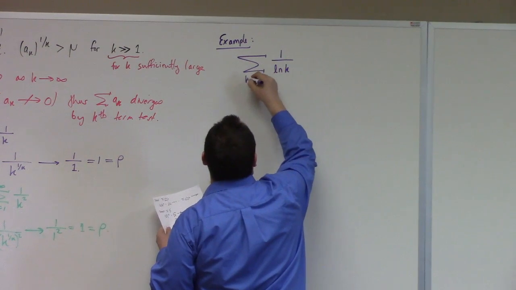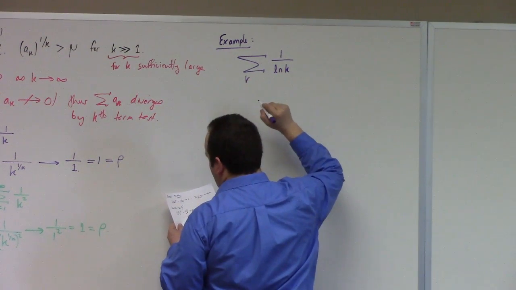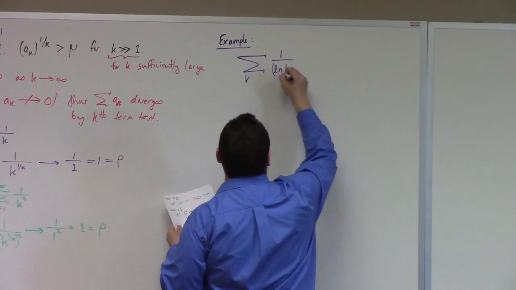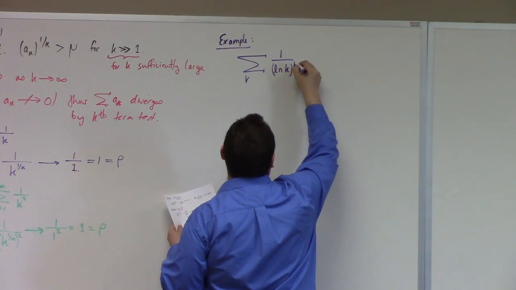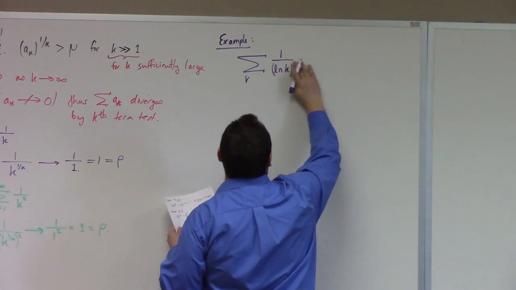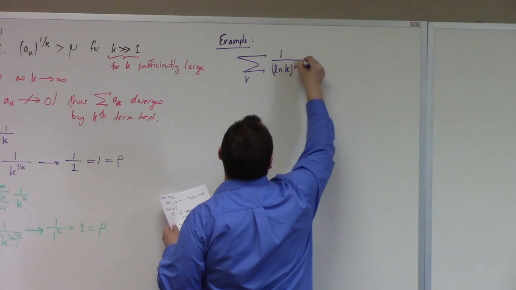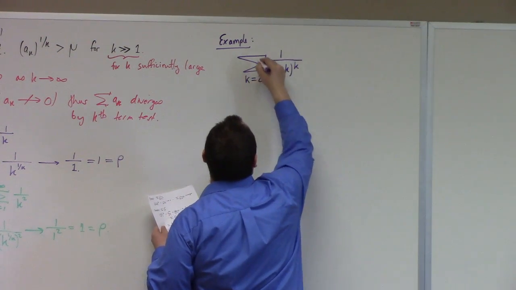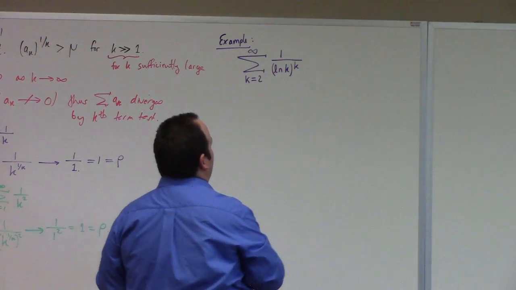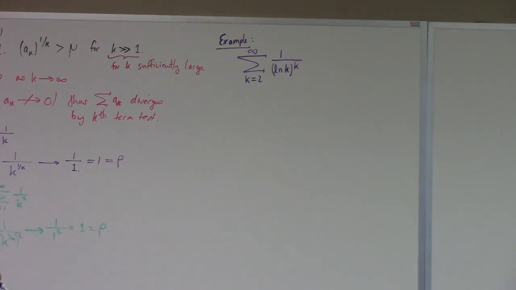Oh, can you guys give me reasons I shouldn't put k equals 1 here? Let's say k equals 2 to infinity. Natural log of 1 is 0, right? k equals 1 would not be a good formula.